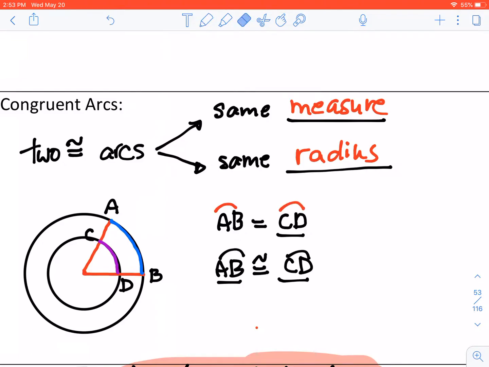These 2 arcs have equal measures. But as you look at those 2 arcs, the purple and the blue, you will see that they are not congruent, right? Because they have different radiuses. So this is a counterexample of having the same measure being congruent.